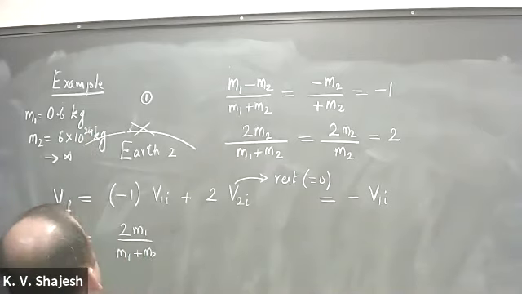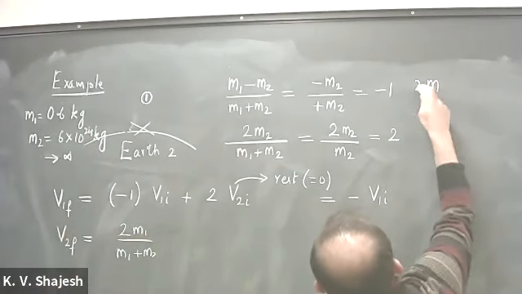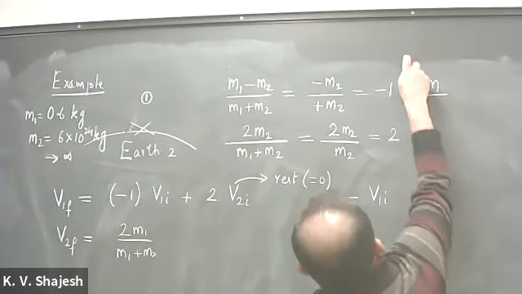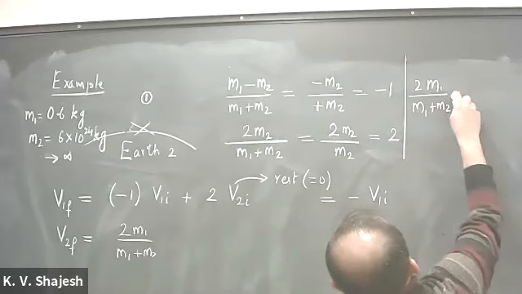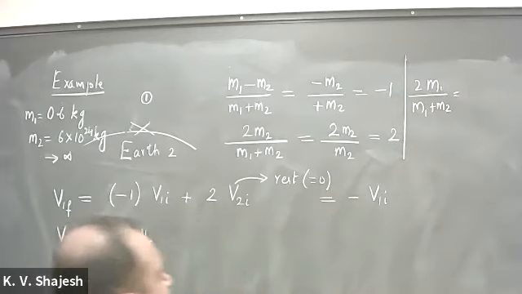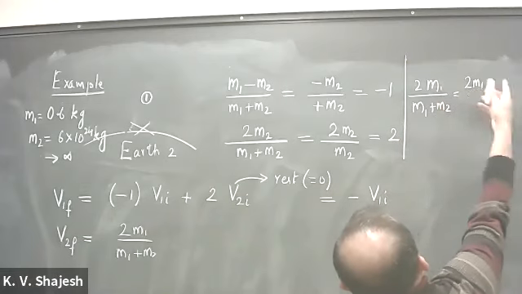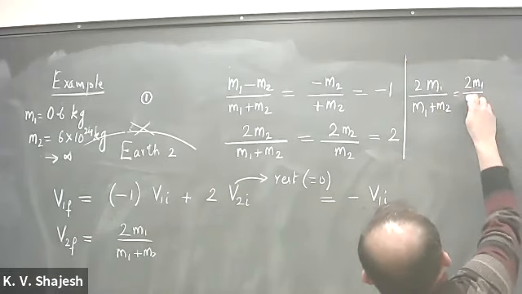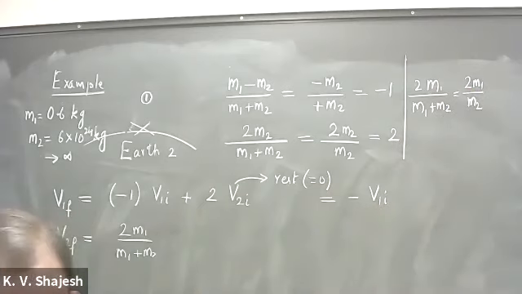So I need space. I can write it here, I suppose. So this is 2 times m1 divided by m1 plus m2. This time I don't have anything to neglect in the numerator, but in the denominator I can still neglect m1. m1 is really tiny compared to m2.